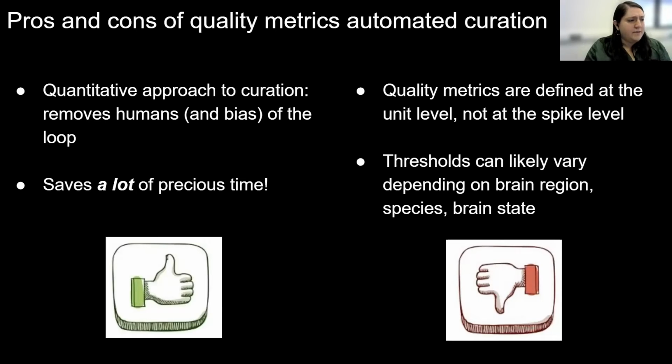And lastly, and I'll mention this throughout when I describe some of the quality metrics, the thresholds or the exact quality metric criteria that you're setting may vary depending on the brain region you're recording from, the species you're recording in, brain state, the context of the experiment, and other factors. So you do want to think carefully about which quality metrics you're using and make sure that these are not confounds in what you're doing.